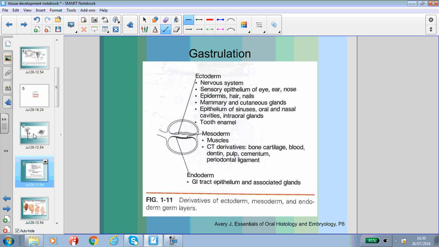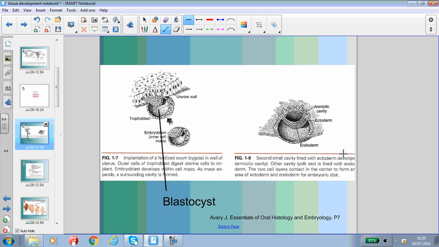So if we just go back to the previous picture, the difference from before is that previously the blastocyst was encased within, or certainly on the surface of, the uterine wall. Now that it's developed further, it's got larger, there's been more cleavage of cells, it has started to come away from it but remain attached via a stalk, which will obviously develop into the umbilical cord.